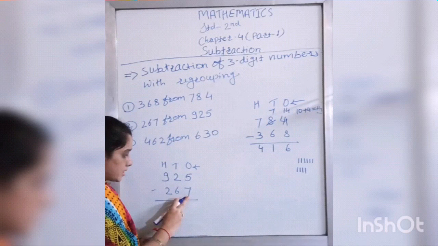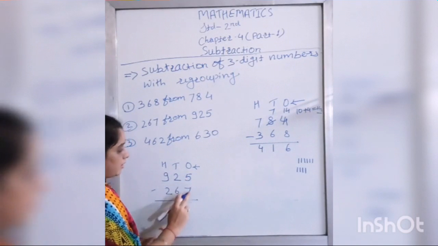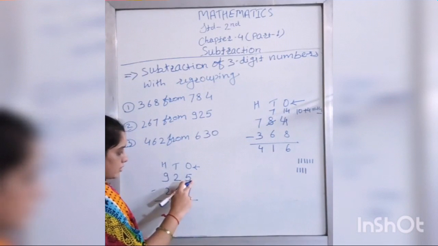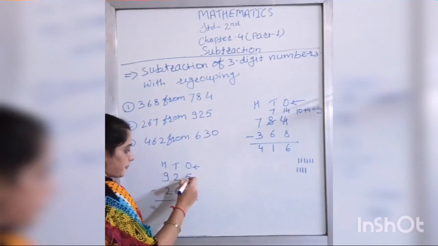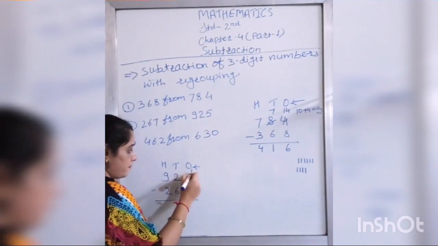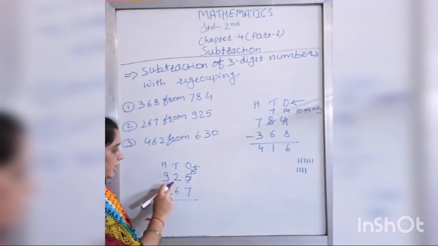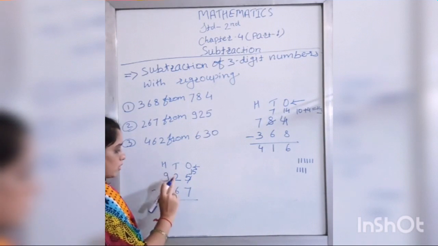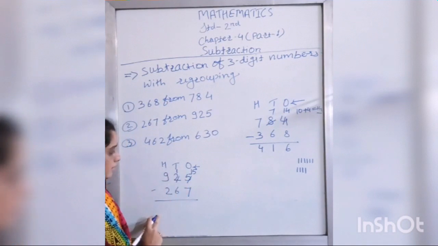As 7 is bigger than 5, we cannot subtract this 7 from 5. So we will borrow 1 ten from the tens column. This 5 will become 15. As we borrowed 1 ten from the tens column, 2 tens minus 1 ten is equal to 1 ten.